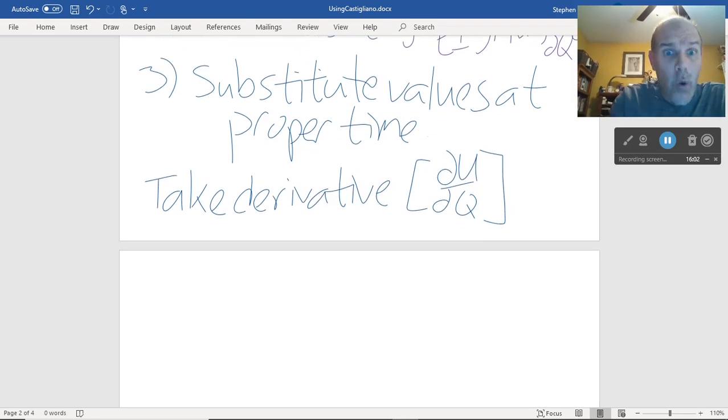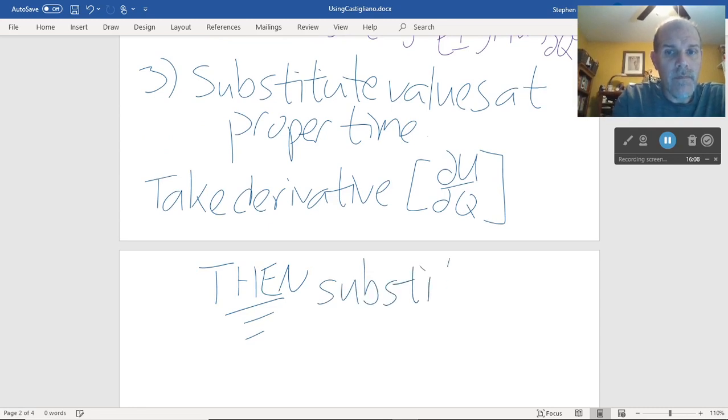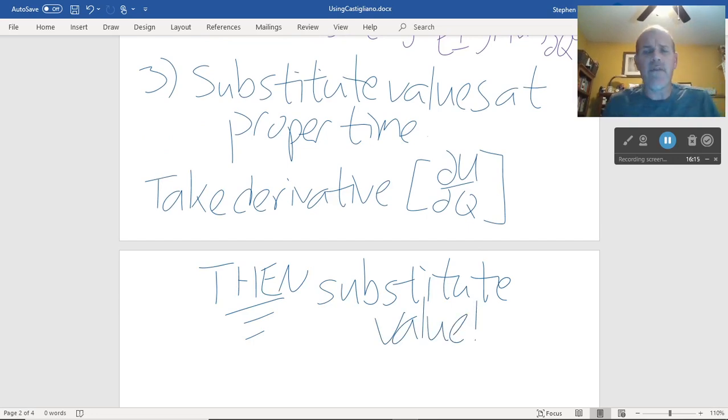And then, and only then, you substitute your value. Whether it's 0 for a dummy force, whether it's a known value, if we had FC that we were using, maybe it's 100 pounds, sure, then we would substitute 100 pounds after the derivative, right? If we wanted to find the deflection of point C, we'd use FC. I wouldn't use a Q, I'd use FC, right? But you take the derivative and then you substitute the value.